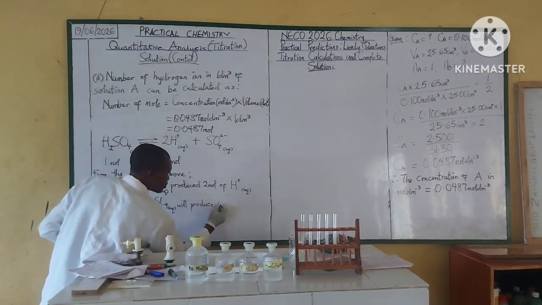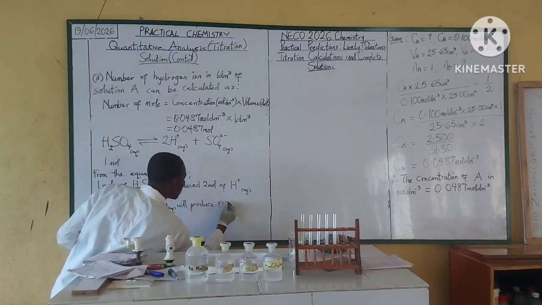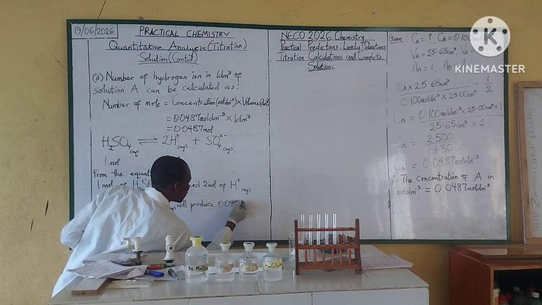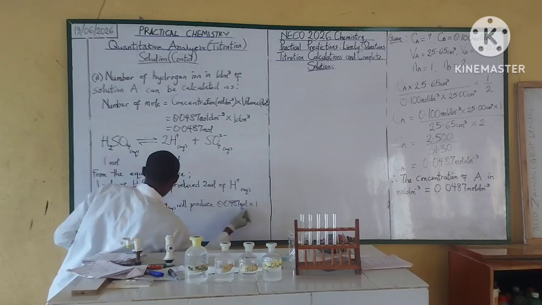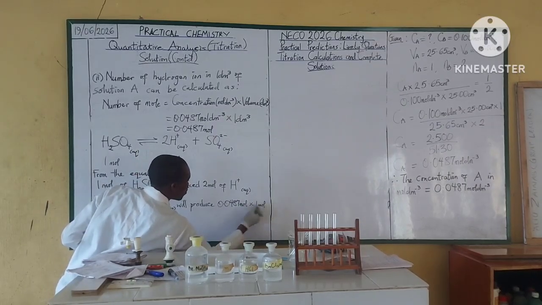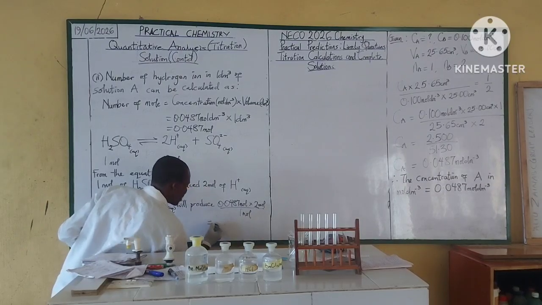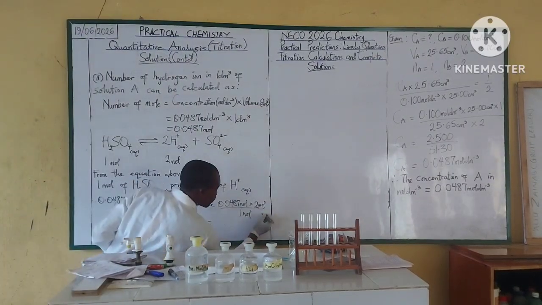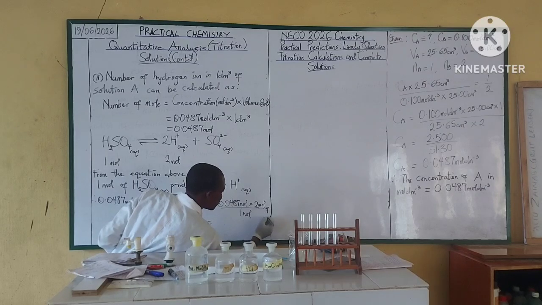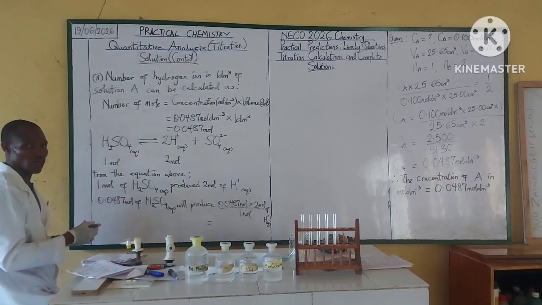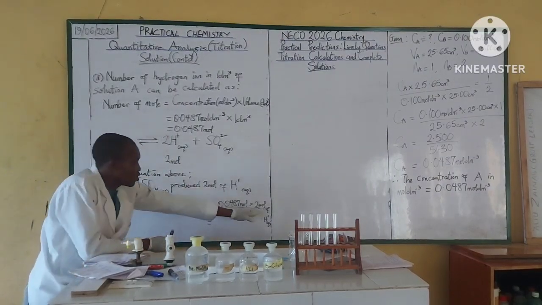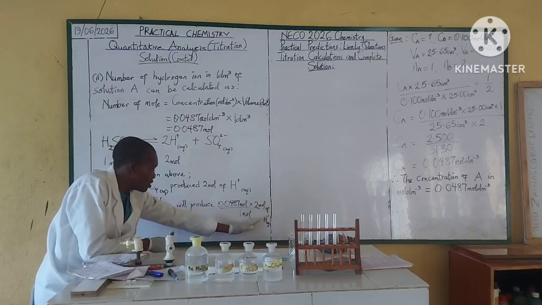We produce 0.0487 mole multiplied by 2 mole divided by 1 mole. And that answer will be, don't forget this, of hydrogen ion, because that's what we are considering. Just because there is no more space, I have to manage it and put it down here.